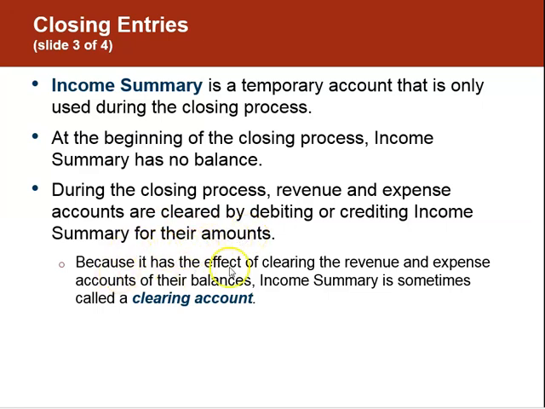It says, because it has the effect of clearing the revenue and expense accounts on the income statement of their balances, income summary is sometimes called a clearing account, because this is the only purpose it serves, is to get those revenues to zero, get those expenses to zero, so that we can start a new year.